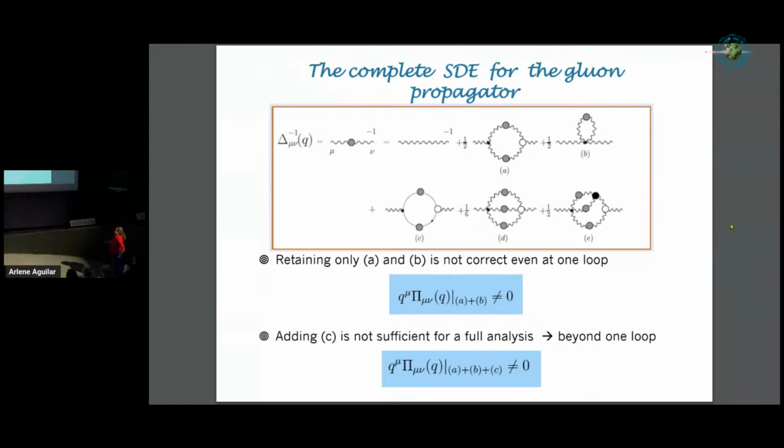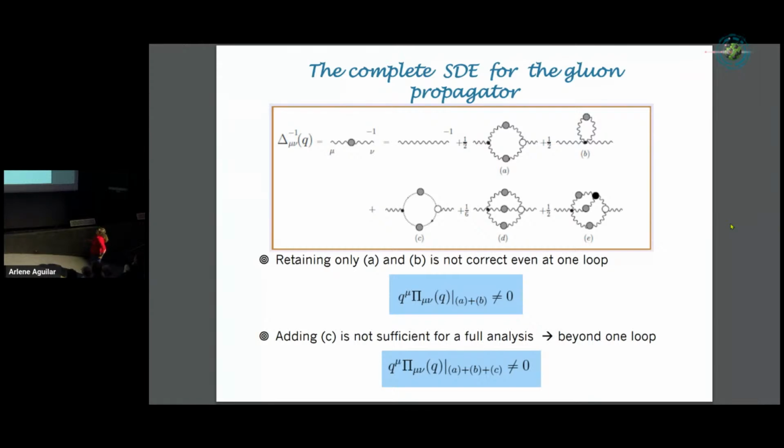So, fine, I include A, B, and C, and everything is correct. No, it's correct at one loop, but beyond one loop this is going to be wrong. And I don't want to make a calculation at one loop; I want to do a calculation at all orders. So either I include all diagrams, or I cannot do anything.